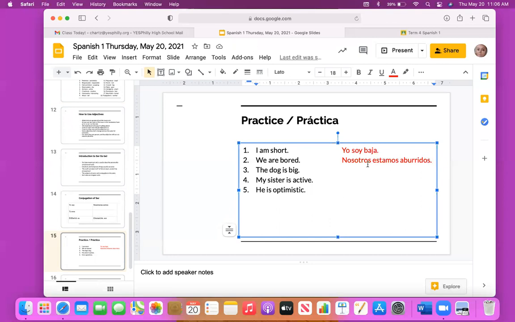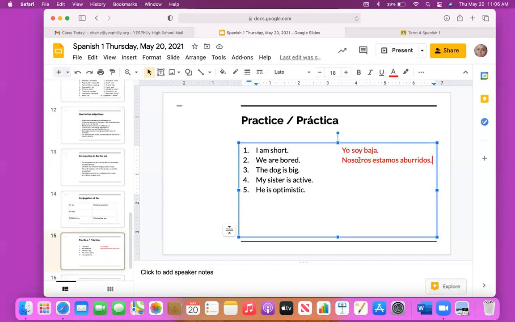And the reason why you put the S at the end is because you're talking about more than one person, right? Nosotros, we. That's not one person, that's more than one, right? So you add the S when you're talking about more than one person. And I just ended it in O as well because we're talking about nosotros.